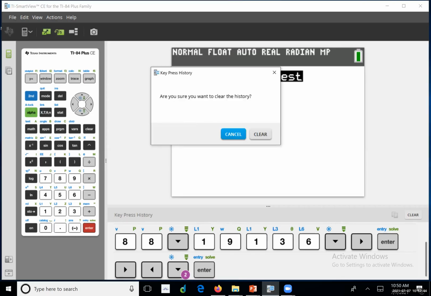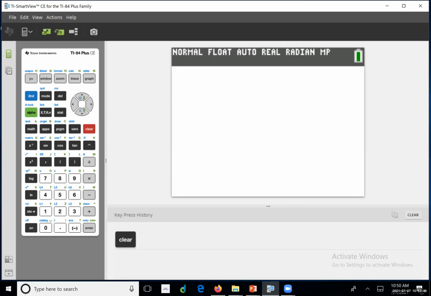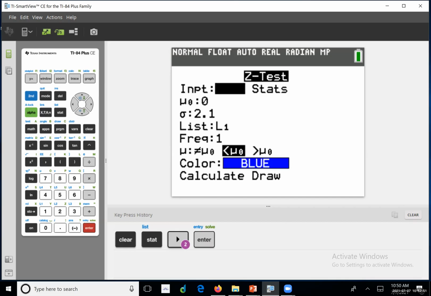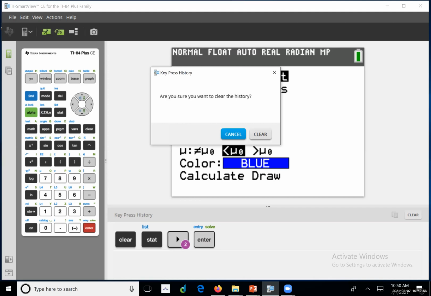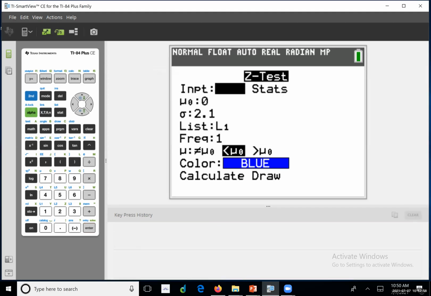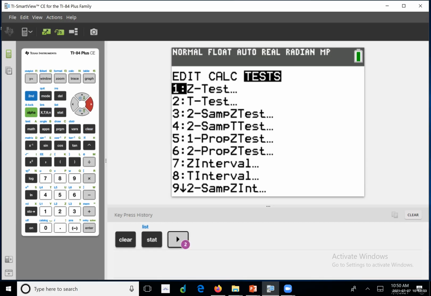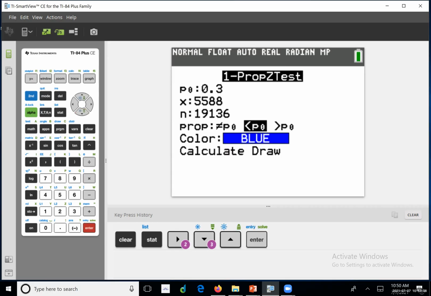Okay, so here we go. We go to stat. We go to tests. We go to one prop z test. And then we had 0.03. And then help me with the numbers. What is x and what is n?